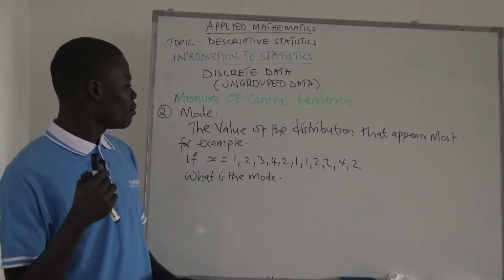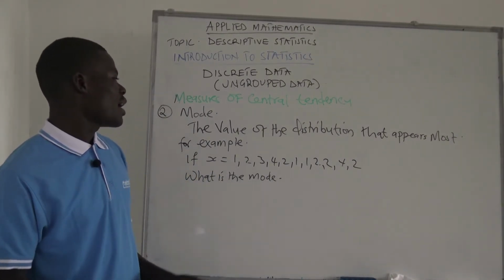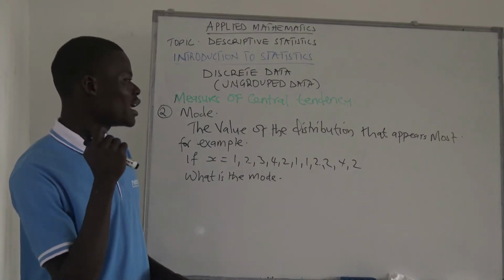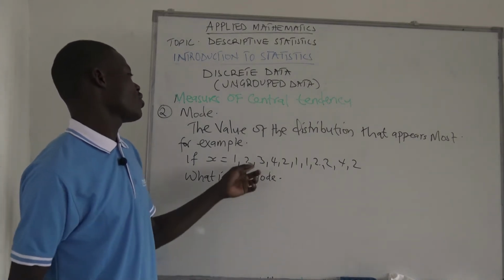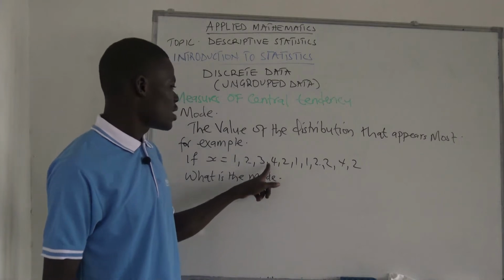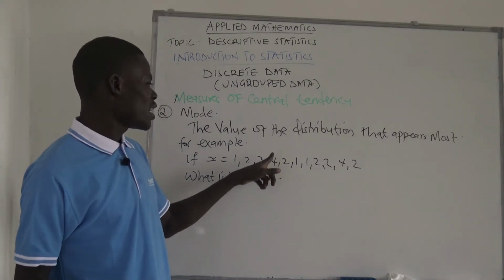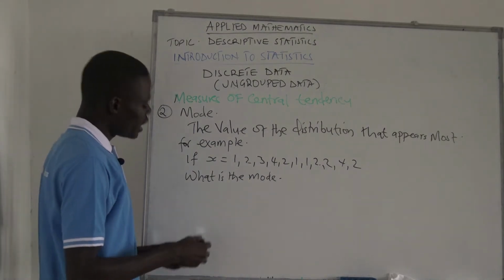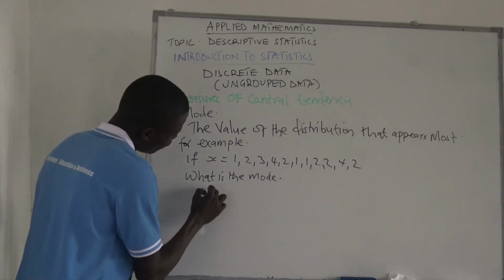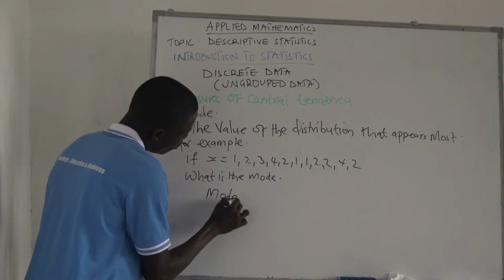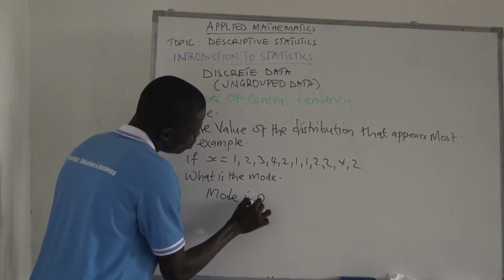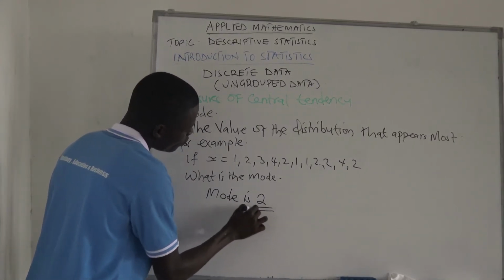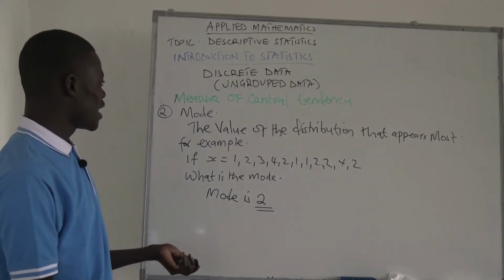So far the value which is appearing most is 2, with 5 appearances. 3 appears once, and then 4 appears twice. That means that our mode is 2. As simple as that.